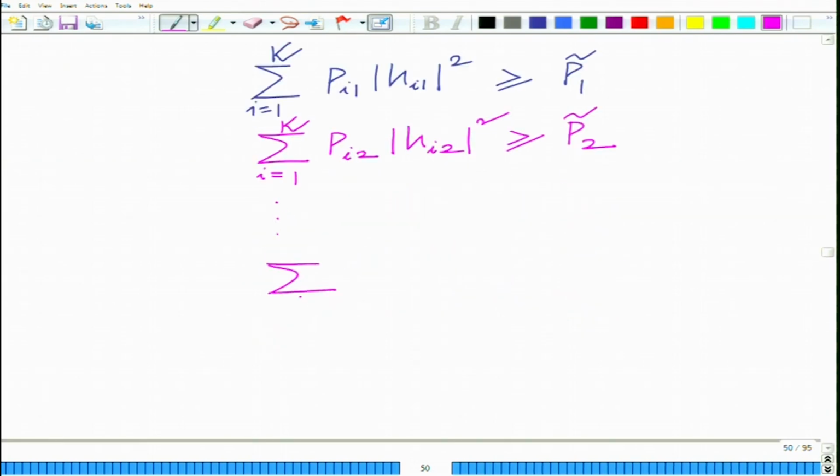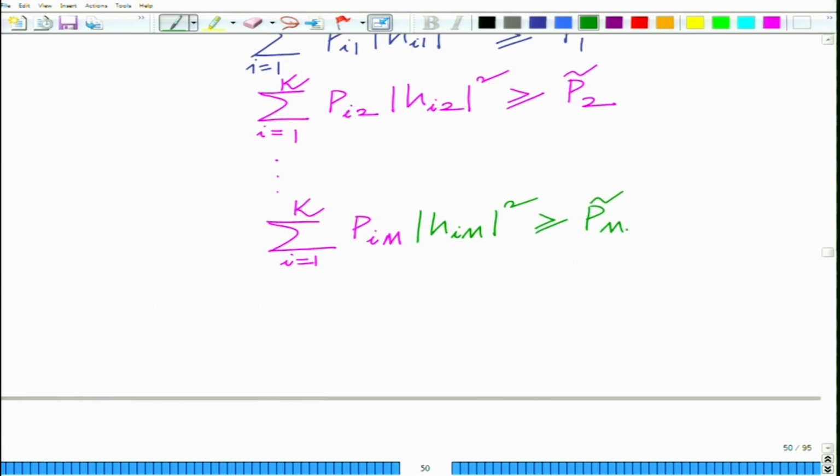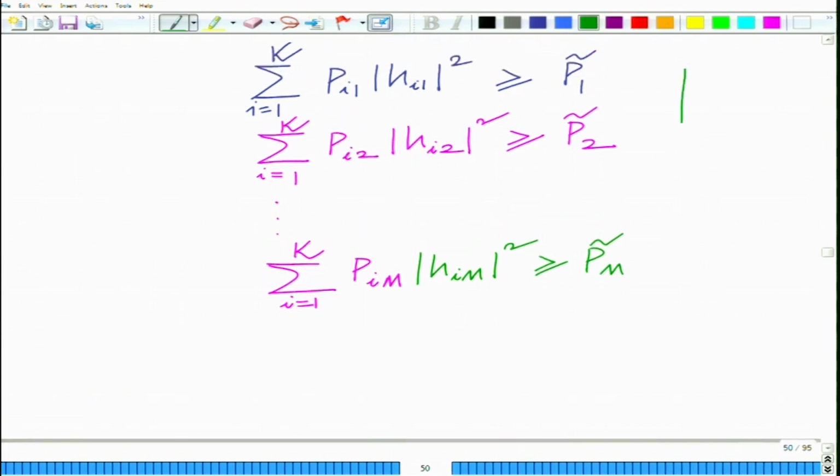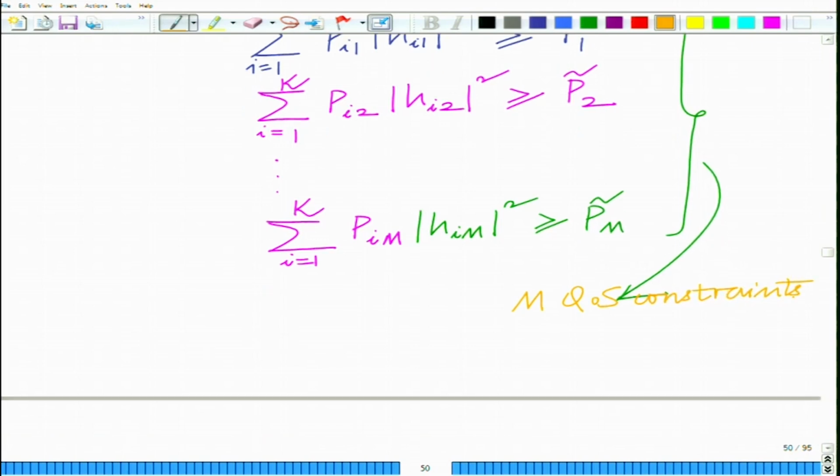For the mth user, you will have summation i equal to 1 to k of Pim magnitude him square greater than or equal to Pm tilde. These are the m QoS or quality of service constraints. There is one constraint for each user.